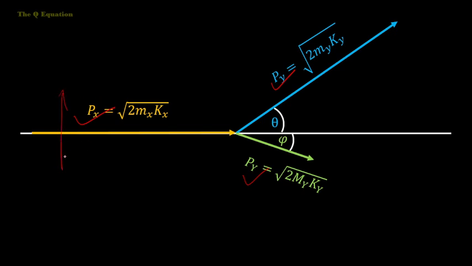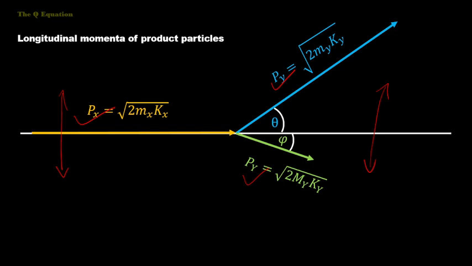So perpendicular momenta do not exist before the nuclear reaction, but they do exist after the nuclear reaction, as you can see. So these transverse momenta after the nuclear reaction must add to 0 because there were no transverse momenta before the nuclear reaction, and the longitudinal momenta of the product particles must add and equal the momentum of the projectile. This is the principle of conservation of momentum.